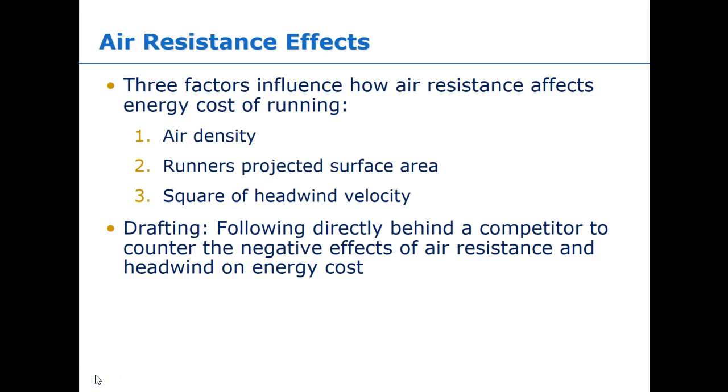Depending on running speed, overcoming air resistance accounts for 3 to 9% of the total energy requirement of running in even just calm weather. Running into a headwind creates an additional energy expense. In one study, running at almost 10 miles per hour in calm conditions produced 2.92 liters per minute of oxygen uptake.